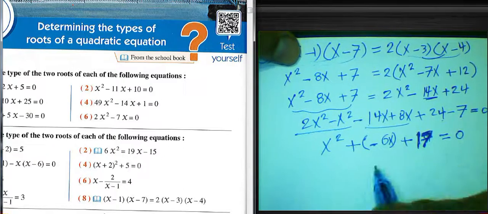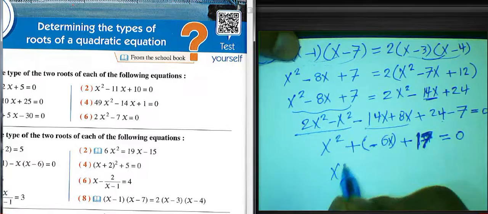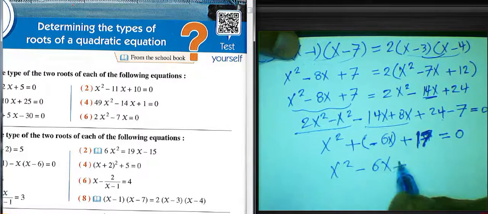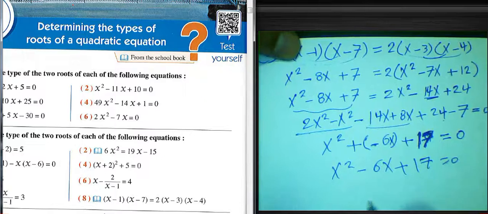The result will be 0, so we write x power 2 negative 6x plus 17 equals 0.